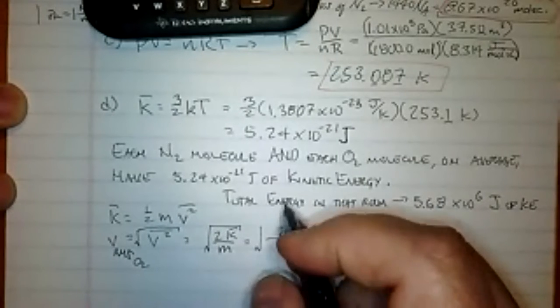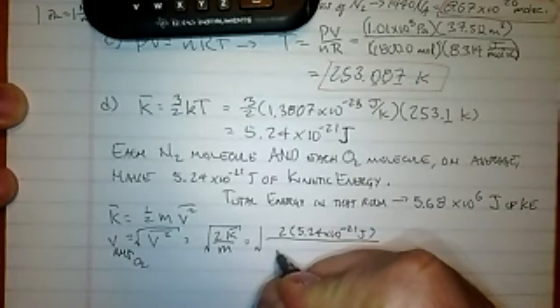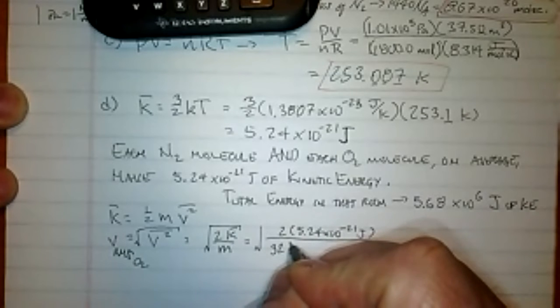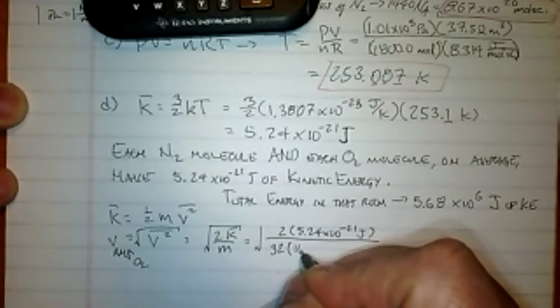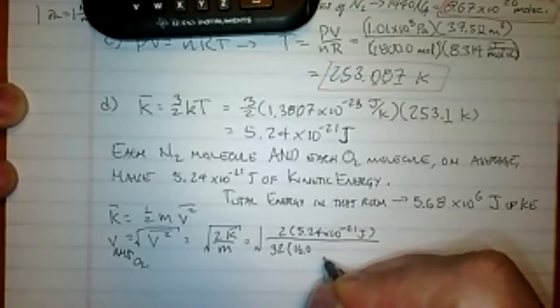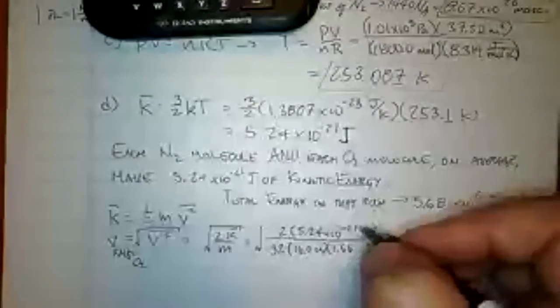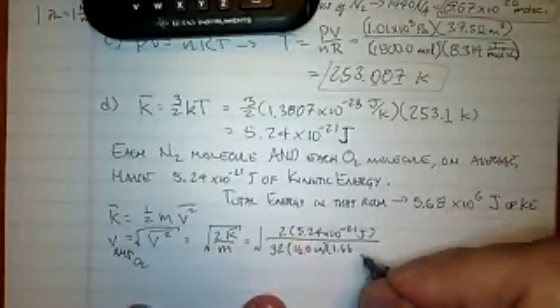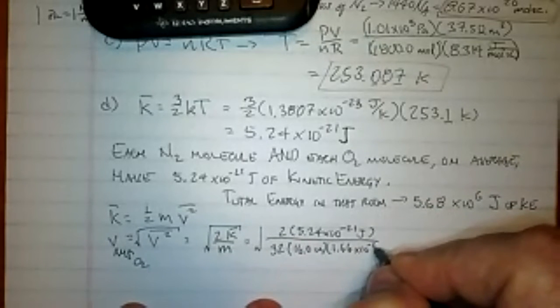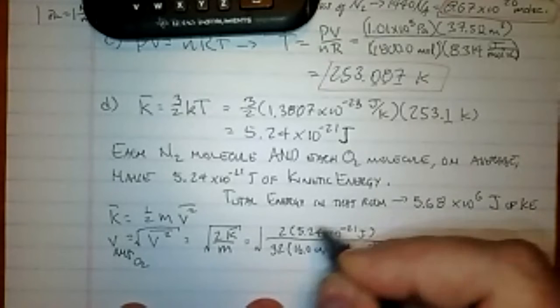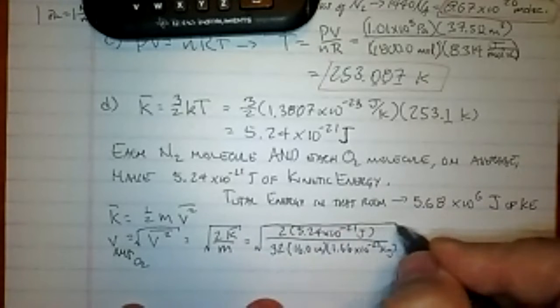So the mass of O2 is really going to be 32 times 16.0 U, and of course 1 U is 1.66 times 10 to the negative 27th kilograms.